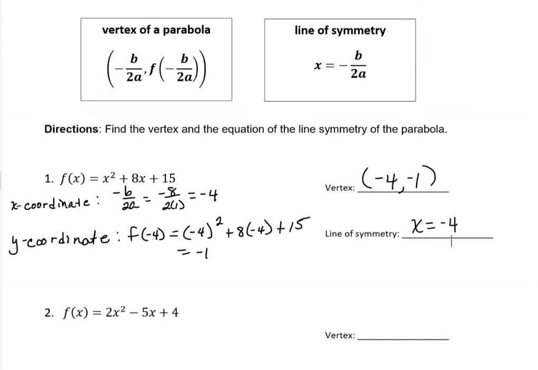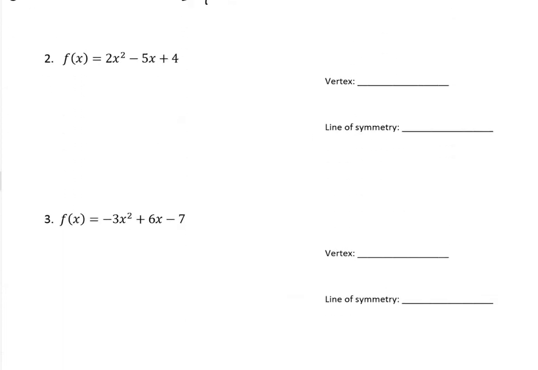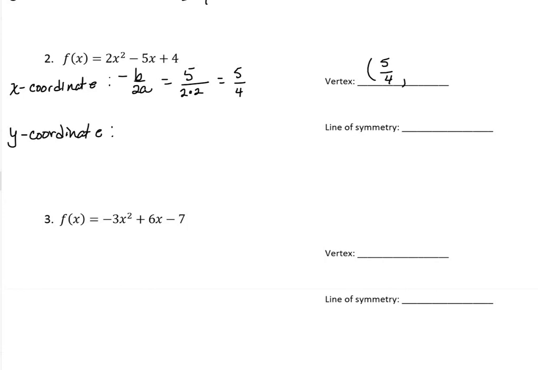Okay, let's do the next problem. Finding the x-coordinate, I want to find negative b over 2a, or the opposite of b over 2a. So it'll be 5 over 2 times 2. So 5/4. And to find the y-coordinate, I'm going to find f of 5/4.